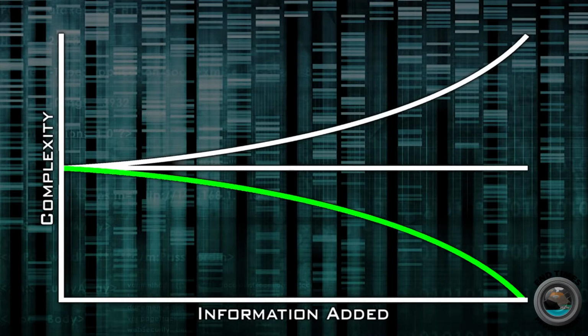The vast majority of the time, when you lose genetic information, it's a negative thing. So yes, while scientists can occasionally point to the loss of genetic information being a benefit to a particular animal, not only is that extraordinarily rare, but it actually shows de-evolution.